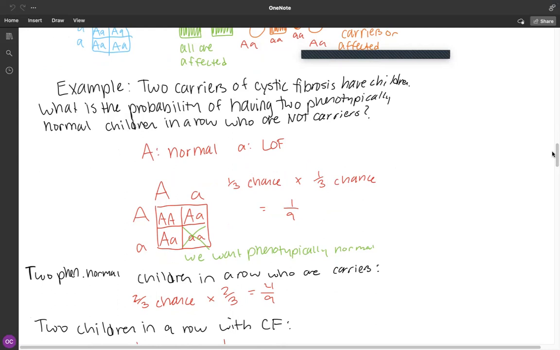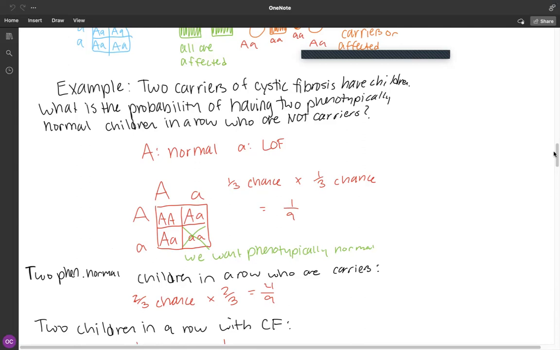And here I've given you an example problem. So it says 2 carriers of cystic fibrosis have children. What is the probability of having 2 phenotypically normal children in a row who are not carriers? So this is a probability question. And so the first thing that I would do is I would draw a Punnett square like I've done.